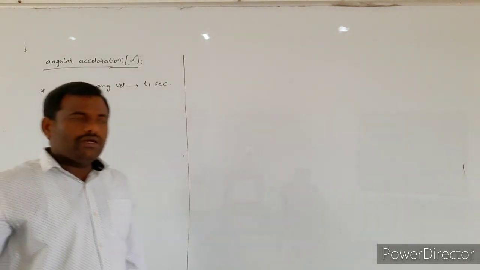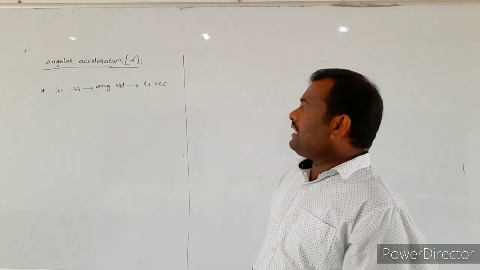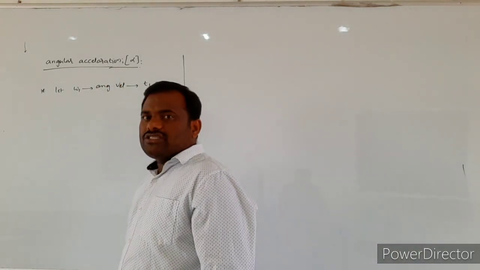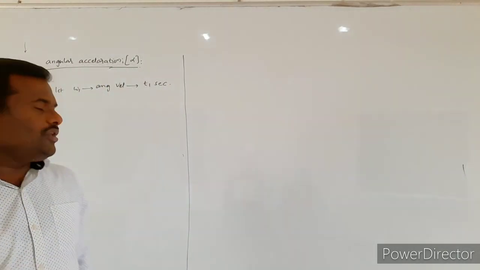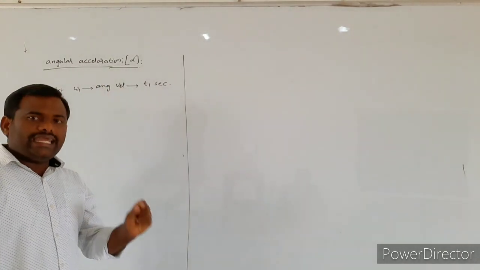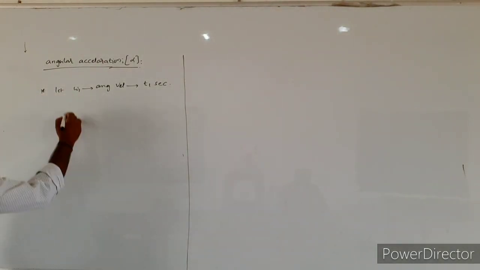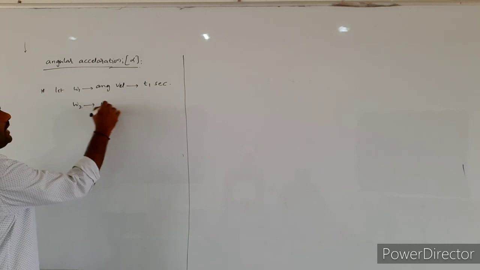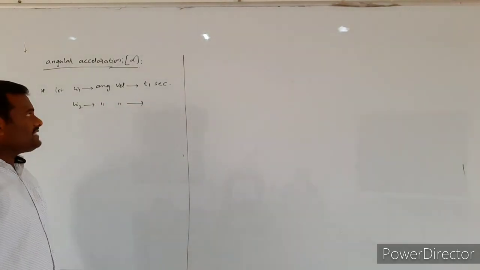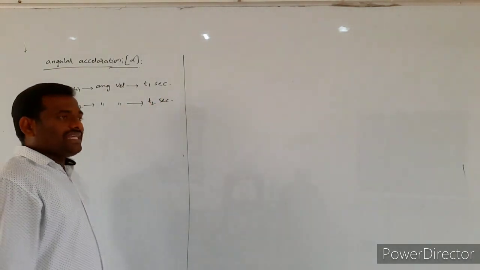What I assumed, while the particle is revolving in the uniform circular motion, omega 1 is the angular velocity of the corresponding particle at a time of t1 seconds, and omega 2 will be the angular velocity of the same particle at a time of t2 seconds.